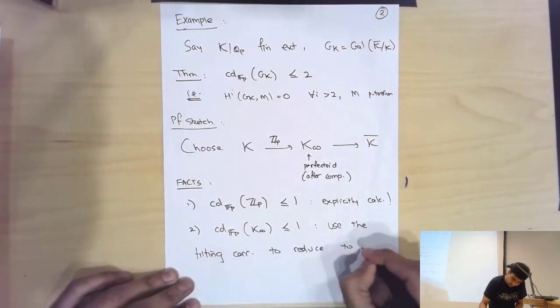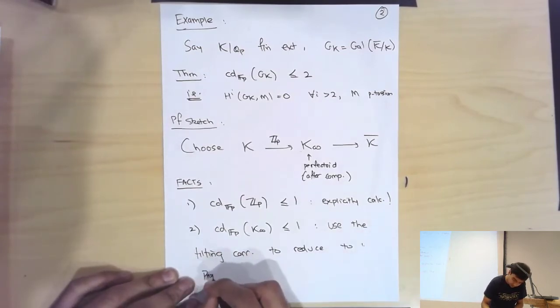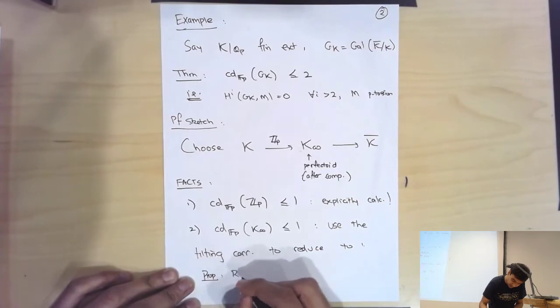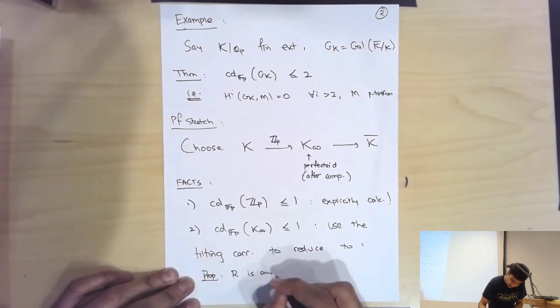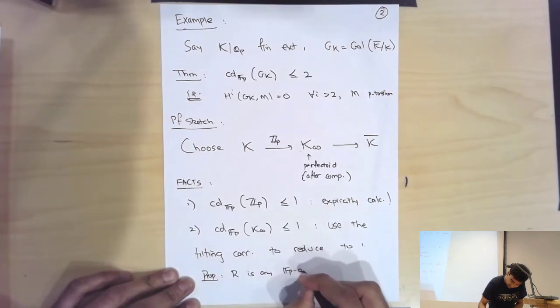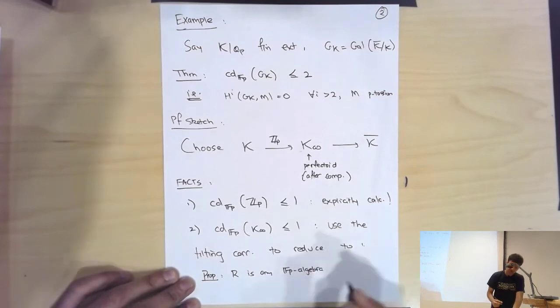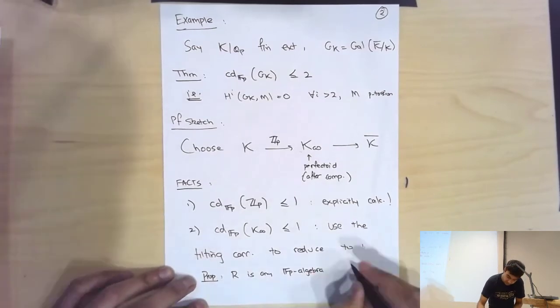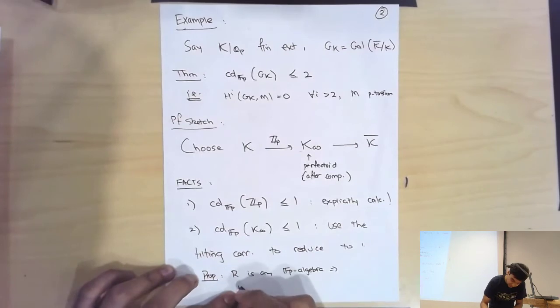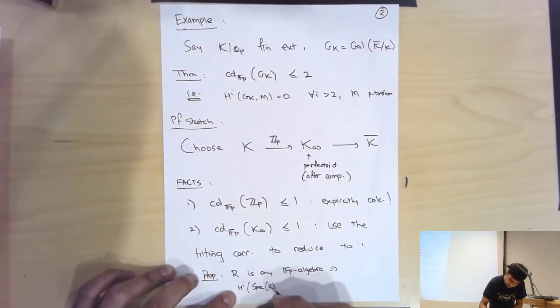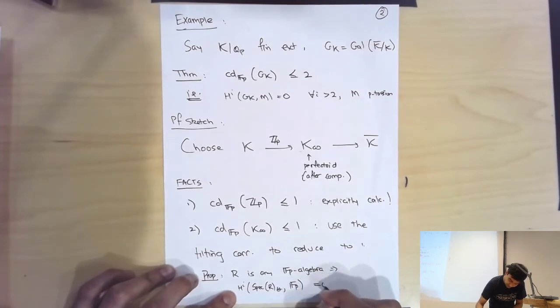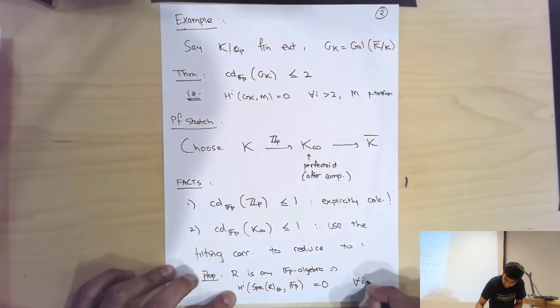So you reduce to the following proposition, which is that if R is any F_p algebra, it could be a field like K infinity flat, but it doesn't have to be, then its étale cohomology with F_p coefficients is actually equal to 0 for i bigger than or equal to 2.